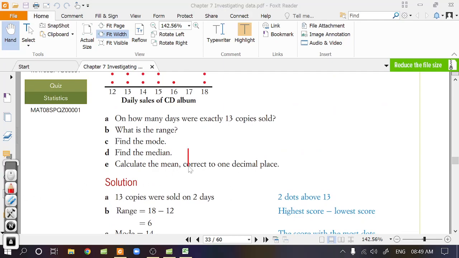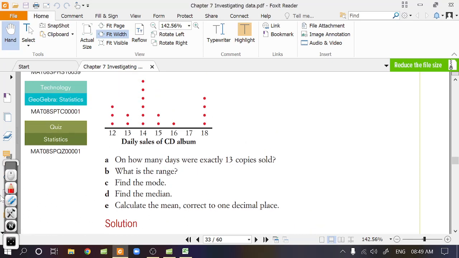Next, calculate the mean. Mean is sigma fx by sigma f. Let's calculate that. So let's draw the frequency table: 12, 13, 14, 15, 16, 17, 18. For 12 the frequency is 3, for 13 it is 2, 14 is 6, 15 is 2, 16 is 1, 17 is 0, 18 is 4.